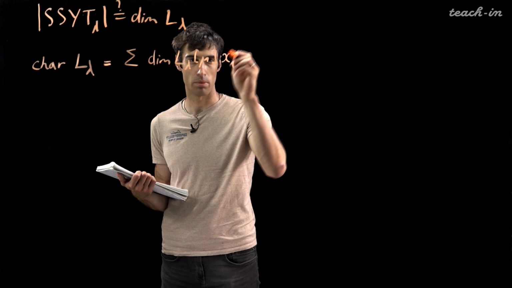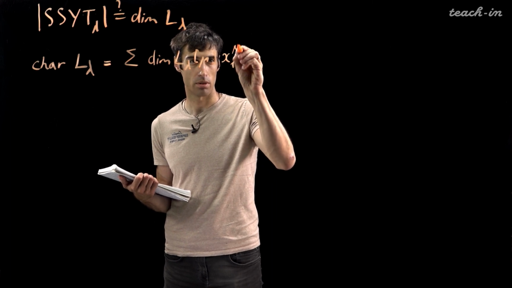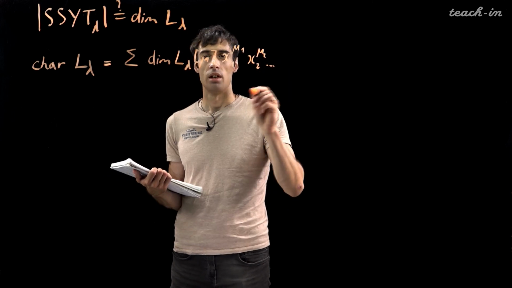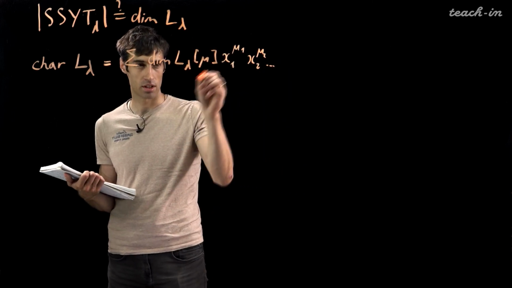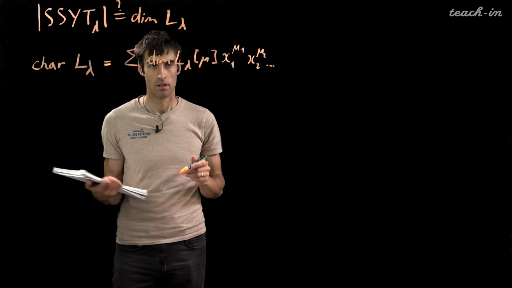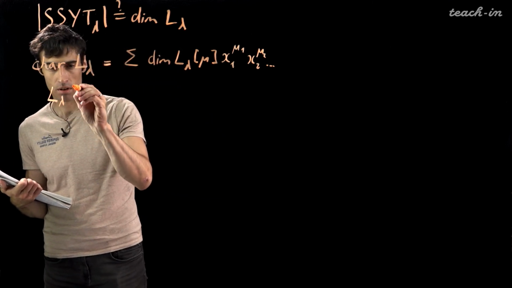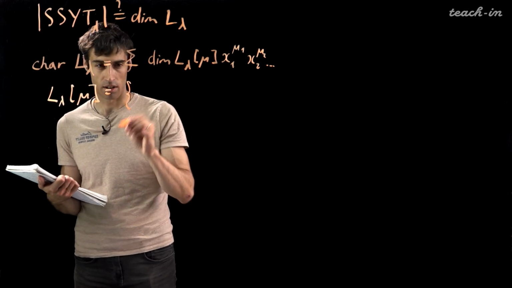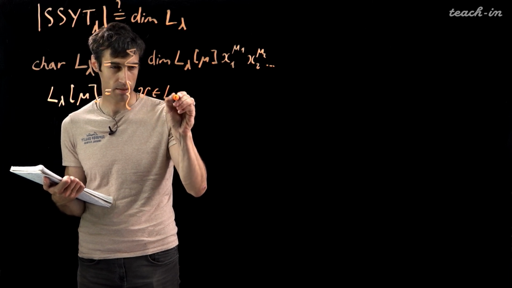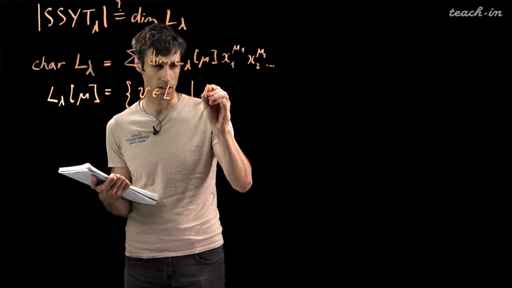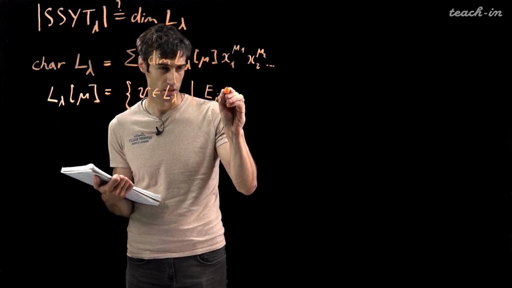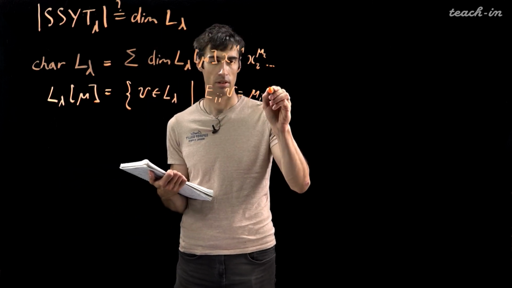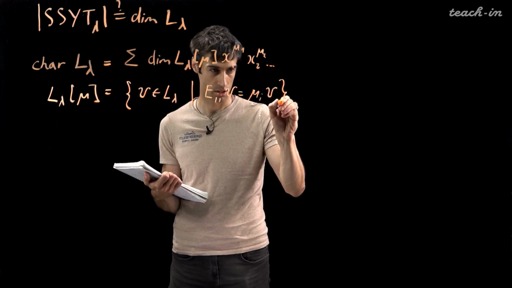And so it is spanned by monomials, x1 to the power mu1, x2 to the power mu2, and so on. And the coefficient is the dimension of the weight subspace, right? So L lambda of mu, let's recall, is all vectors v in L lambda such that E I acting on v gives me mu I times v.